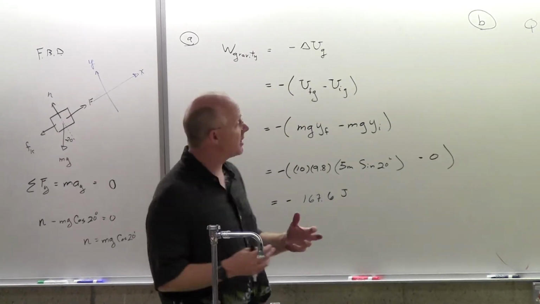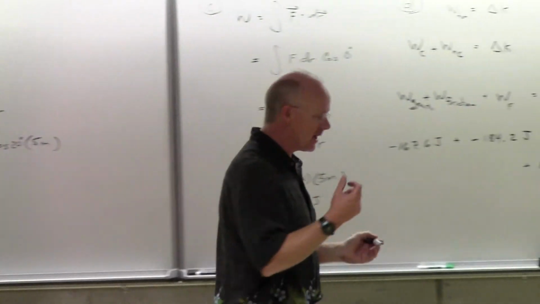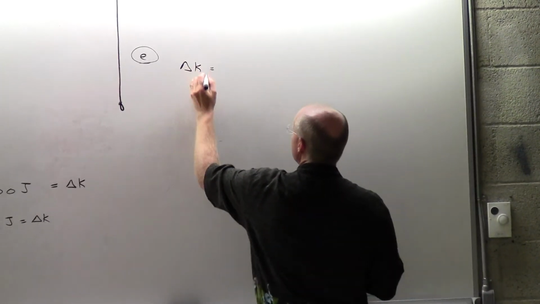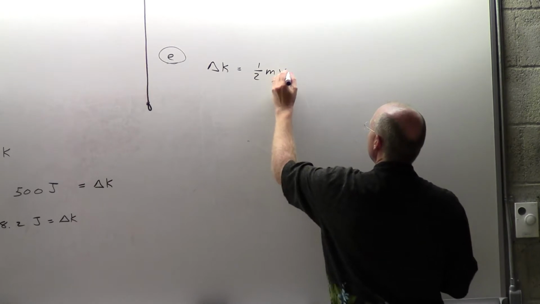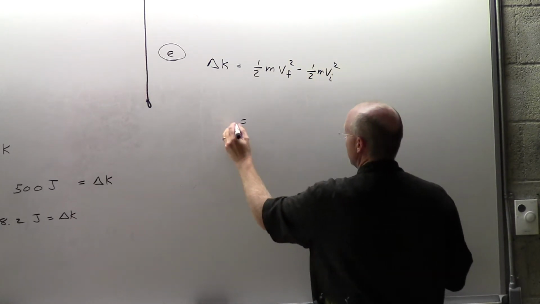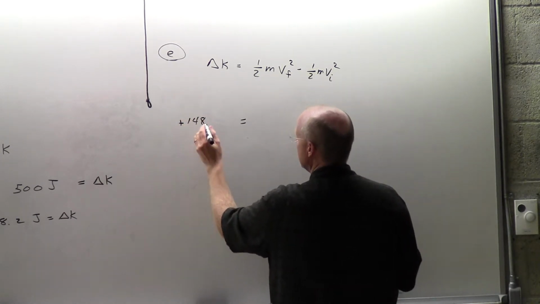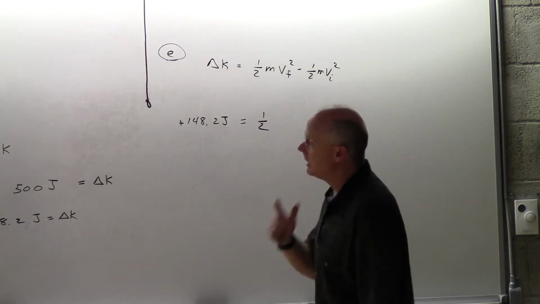Okay, so to figure out its new speed, I got the individual work, I use the work energy theorem, and so once I know that, then I can just say, all right, well, the change in kinetic energy is 1/2 m v final squared minus 1/2 m v initial squared. So the change in kinetic energy is this 148.2 joules, 1/2 m.